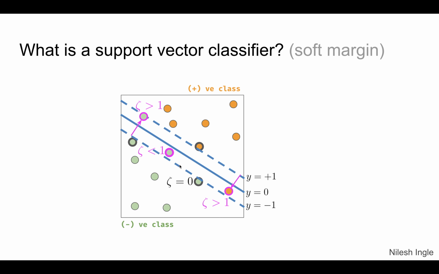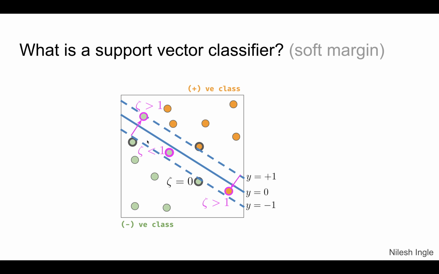We do not have to shift our decision boundary substantially. What we can do instead is add a penalty to that particular data point, so it will have a certain weight of misclassification.